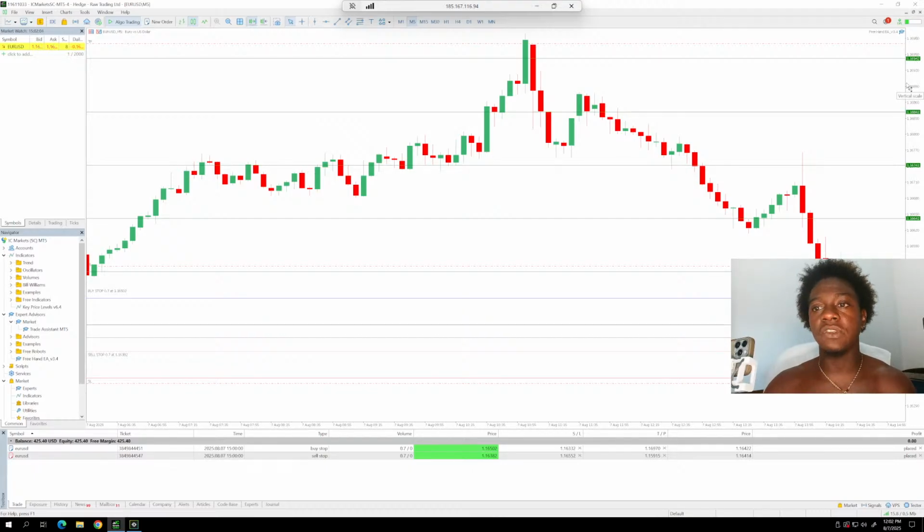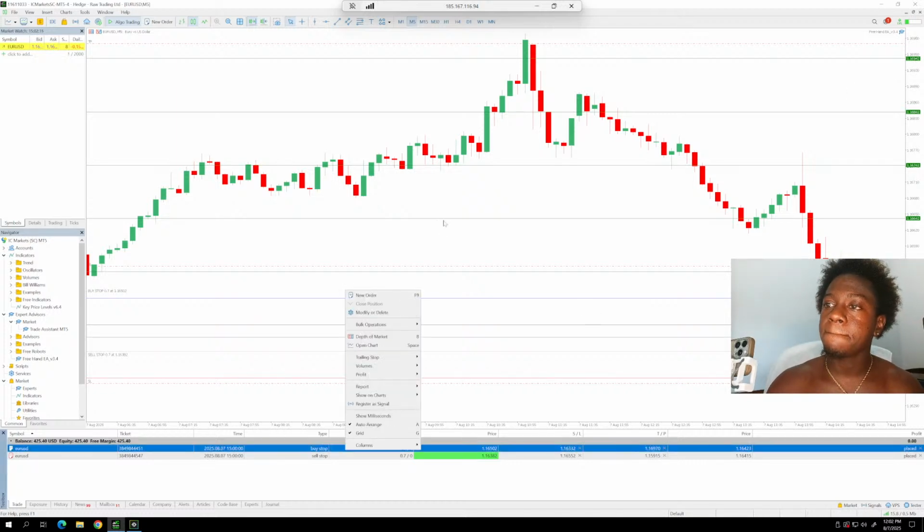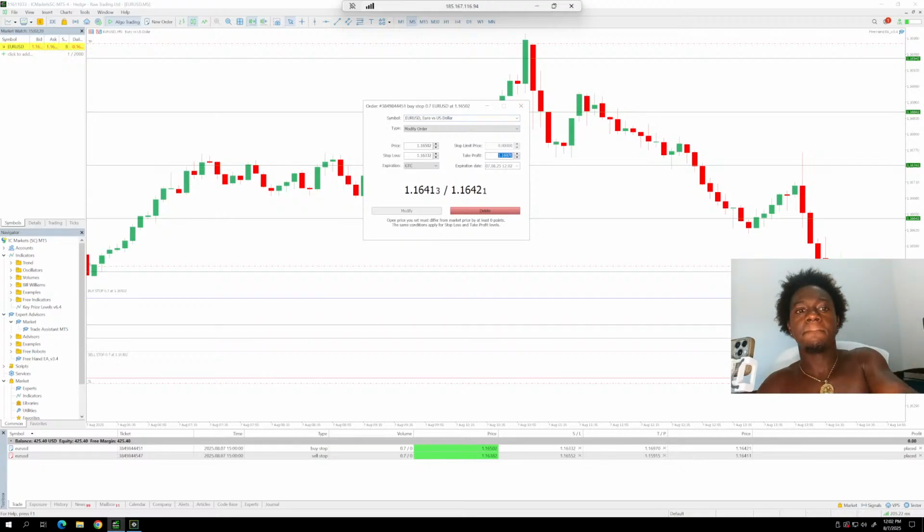You see, different brokers have different prices, so you gotta watch out for that. So now on the buy stop, it's supposed to be 1.16932.